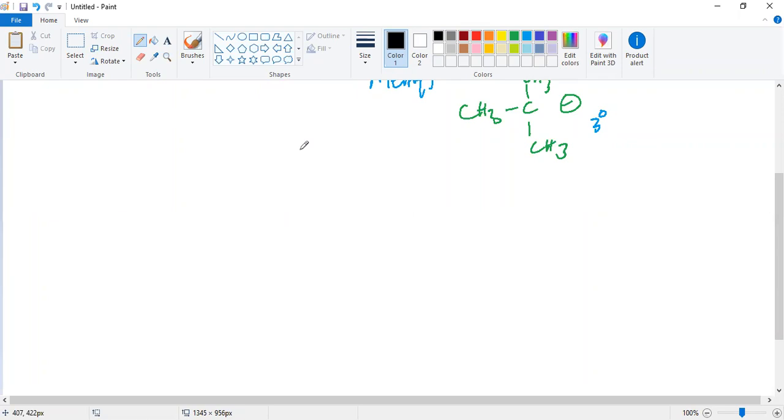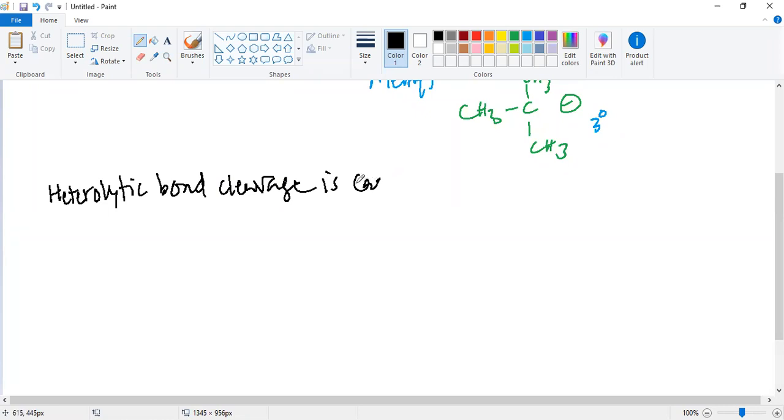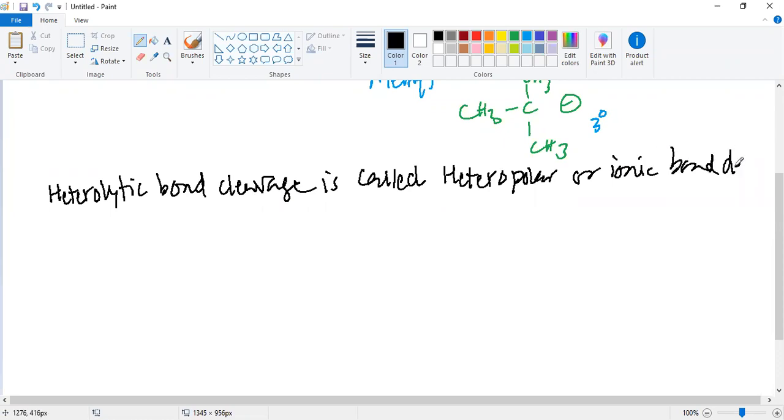Please remember, my dear students, that heterolytic bond cleavage is also called heteropolar or ionic bond cleavage.